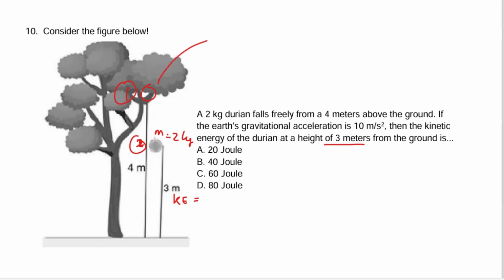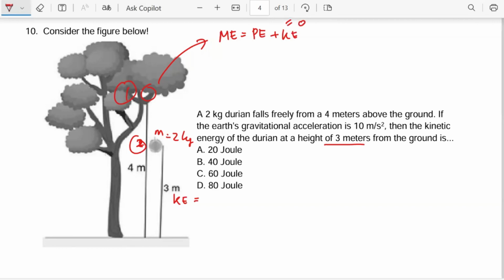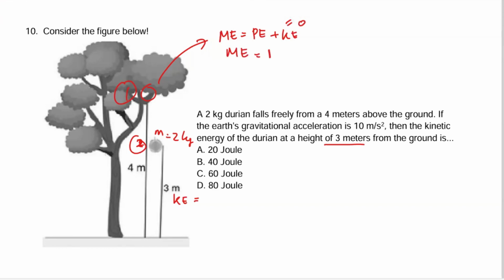So we know that when it's still at the top of the tree, the durian only has PE, right? So the mechanical energy is only PE since the KE is equal to 0. So ME equals PE. This is at position 1, so I will give index 1 to each of these. So the ME at position 1 is the mass times gravity times H1. And which one is H1? H1 is the height at the first time, so this is the 4 meters.